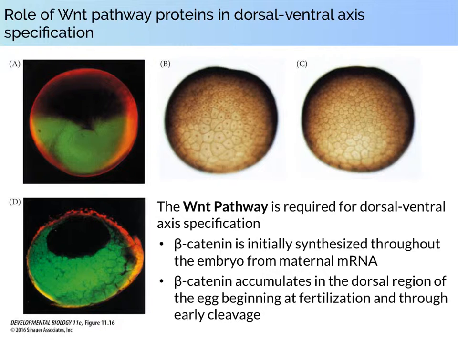Then it continues to accumulate in the nuclei of the cells at the dorsal side, which is what's shown here in part B. And this happens through early cleavage and can be found later at the nucleus center and the organizer regions. Part C shows the ventral nuclei, which you can see do not have beta-catenin.